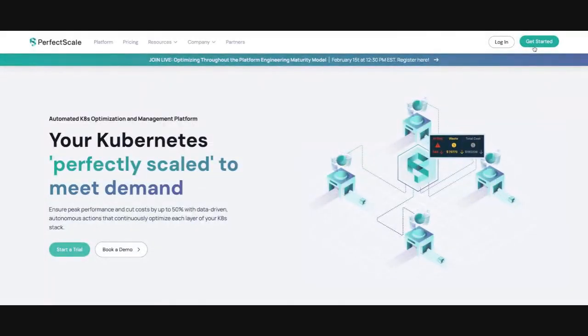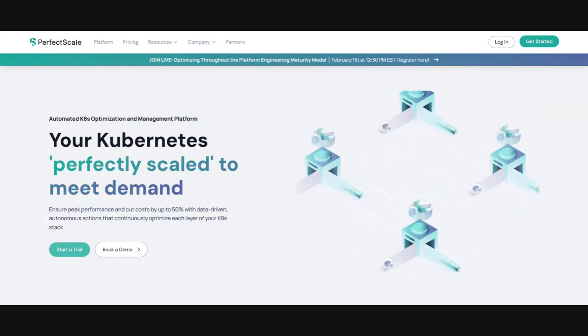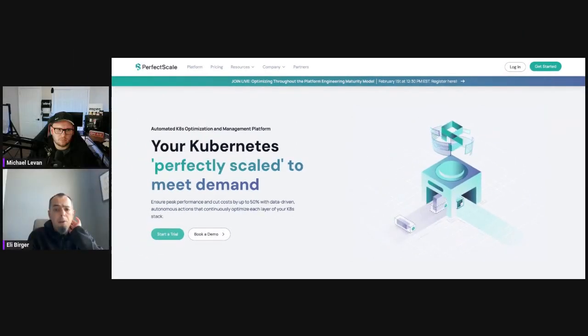Instead of sharing the link, I will just show you. You go to perfectscale.io, and on the top right corner, there is, let me share the screen for a sec. Cool. Yeah, here we go. So you simply click here on get started, and then the only one thing you need to provide is your work email address. We do not accept Gmail or other things.